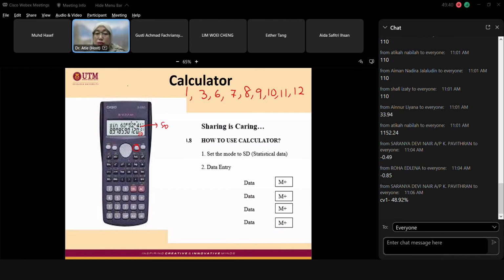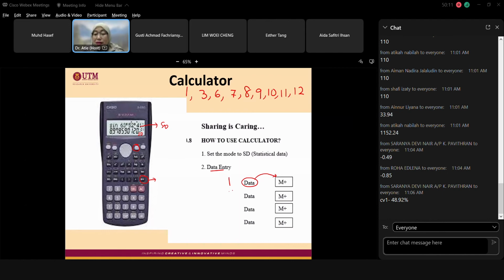So now we are going to enter this data in our calculator. Guys, please listen first. Don't press anything yet. This is how we need to do it. For the data entry, we need to type the data followed by the M plus button, which is here. For example, you press 1 and then M plus.